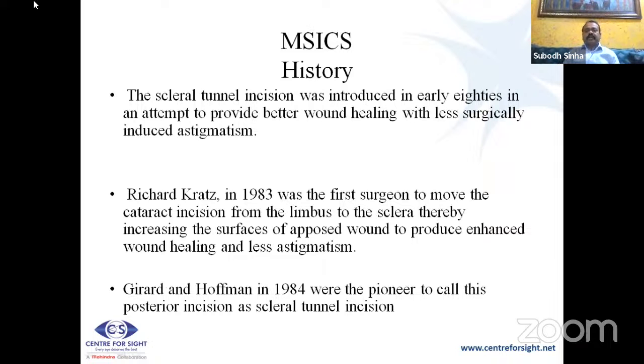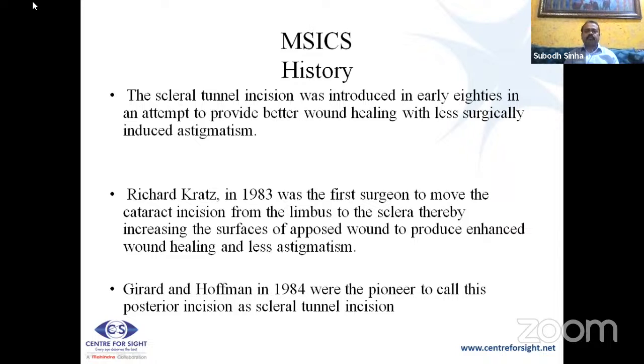So if we look at the history of cataract surgery, this technique, manual small incision cataract surgery, was introduced in the early 80s. I think it's the same time when we also started fine-tuning our phacoemulsification techniques.